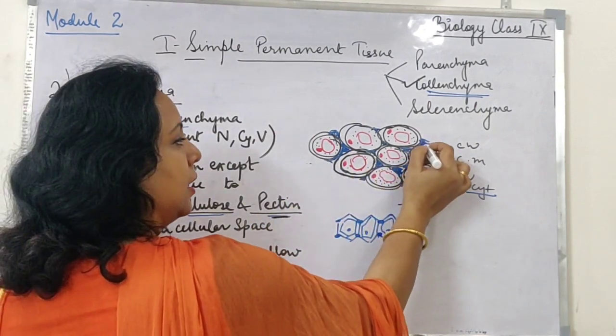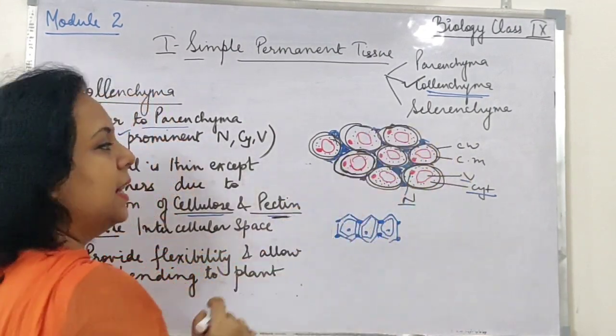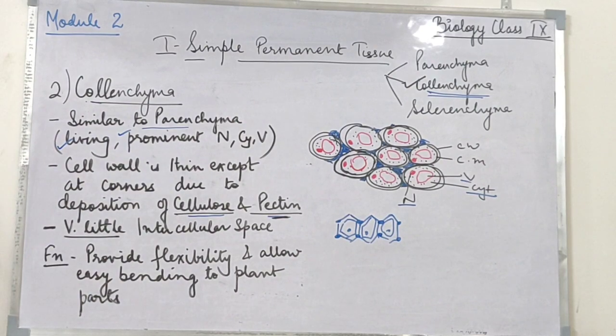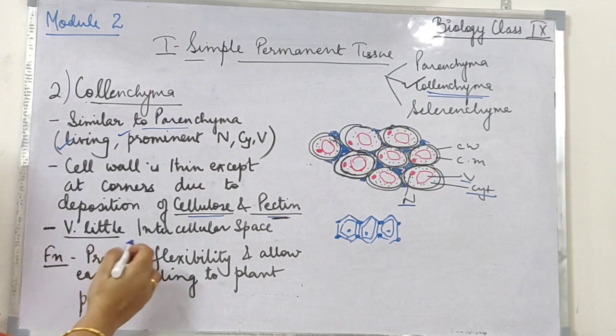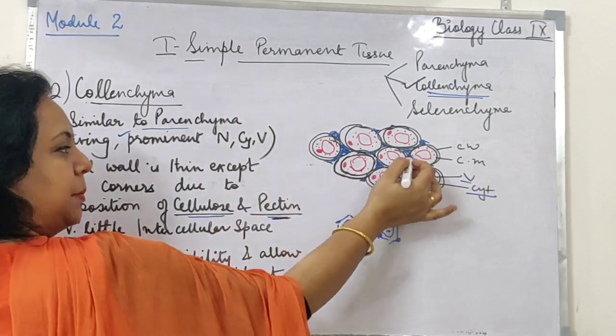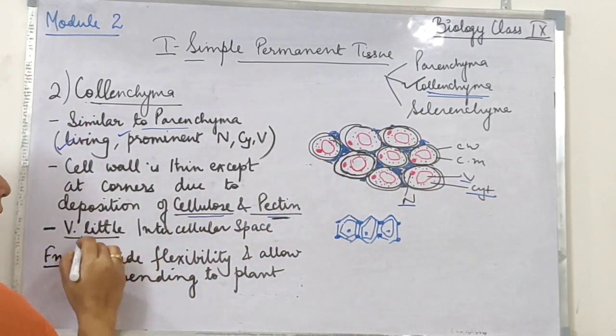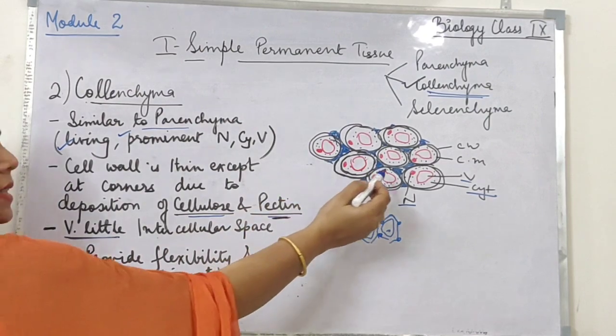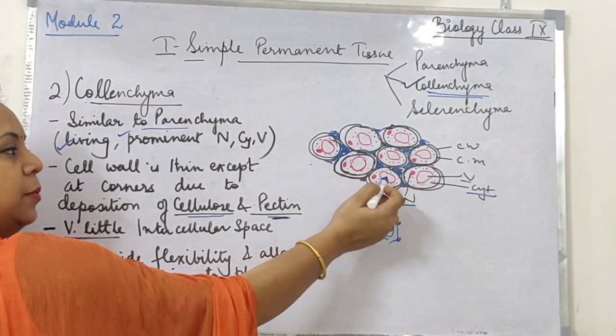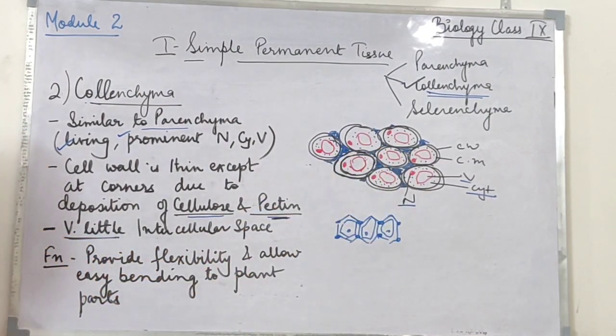The corners of the cells become a bit stiff. So, of course, when this space is all filled, there will be very little intercellular space left in them. As you can see, we can see this blue colored thickenings of pectin and cellulose.